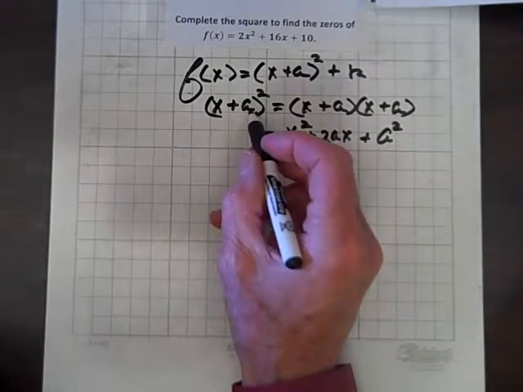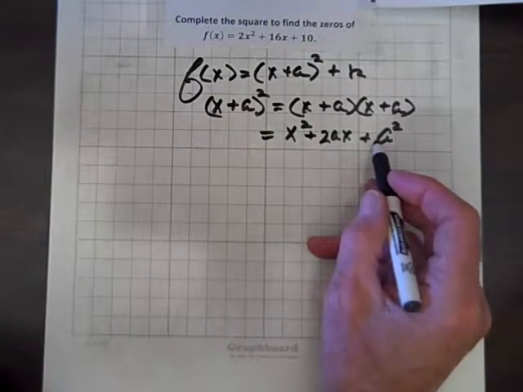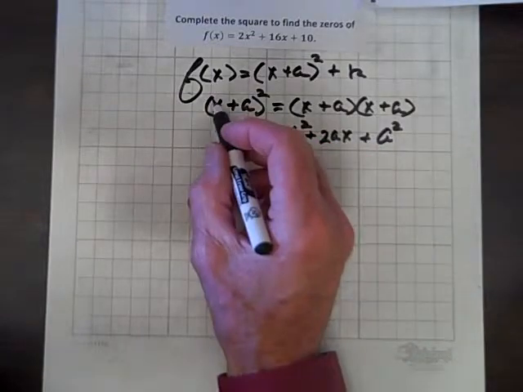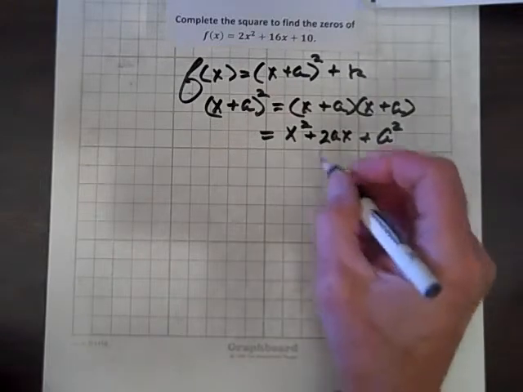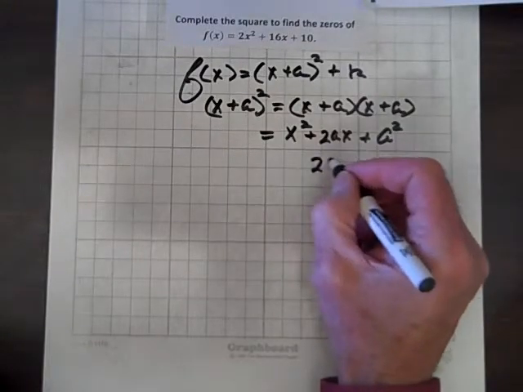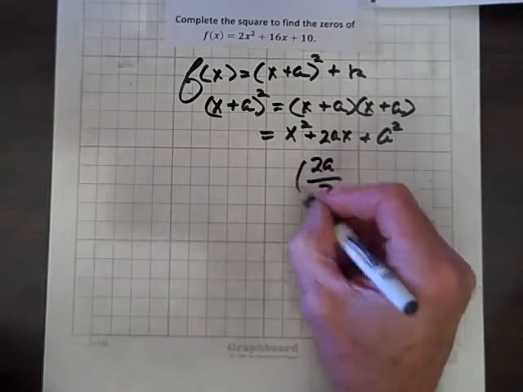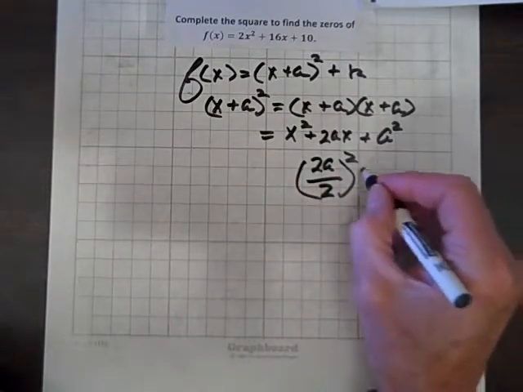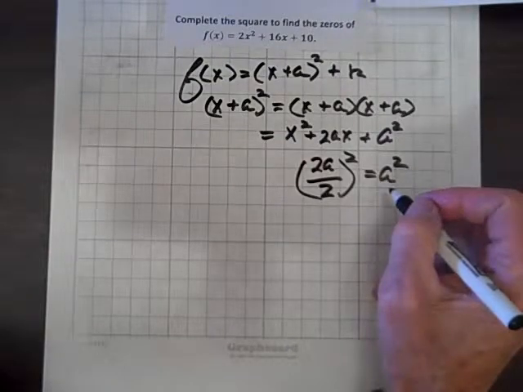So anytime we square a linear expression, this is the form we're going to get if the coefficient on x is 1. And notice this, if we take half of the coefficient on x and square it, we get a squared, and that will always be the case.